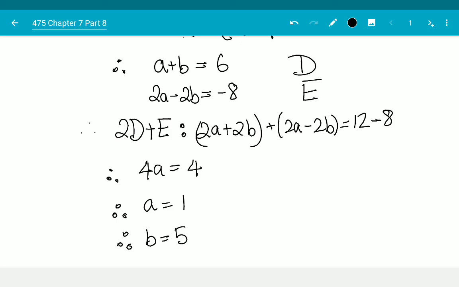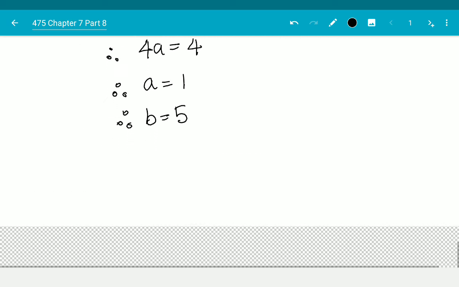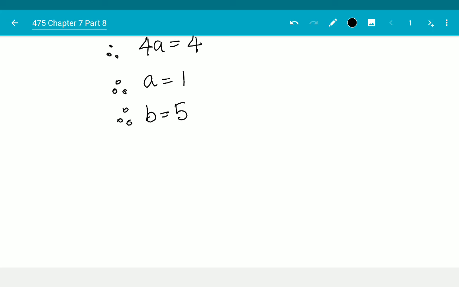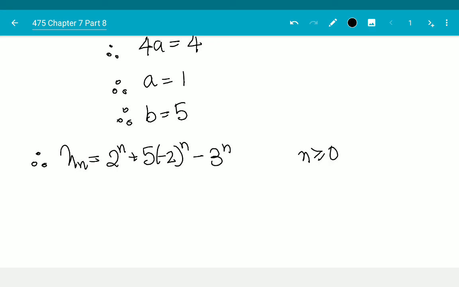And therefore my very specific solution to this case is h of n equal to 2 to the n plus 5 times negative 2 to the n minus 3 to the n for n greater than or equal to 0. So that is the end of chapter section 7.4.